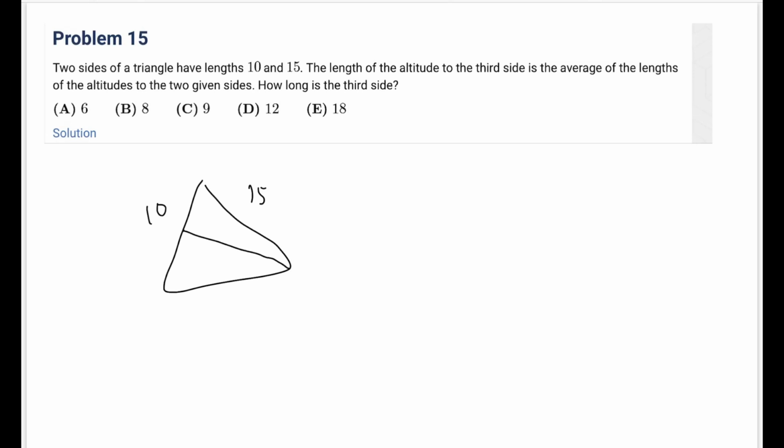So let's say that this altitude is 15a, and this altitude is 10a, right? So the average of the altitudes to the two given sides is 12.5a, and so how long is the third side?